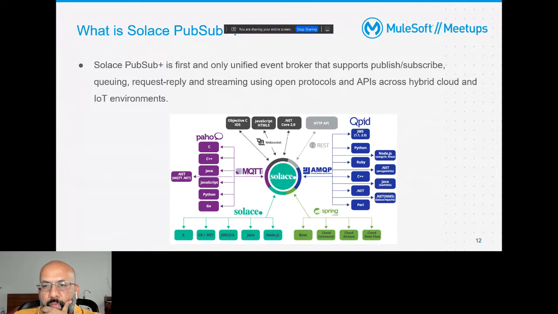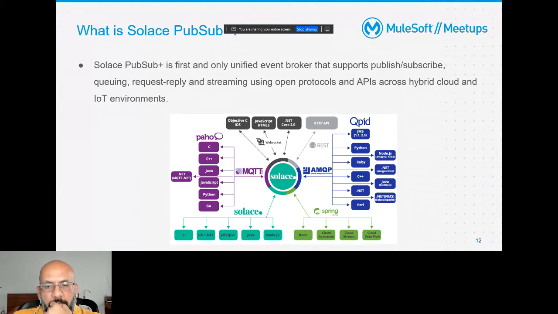We all know what MuleSoft is and what its capabilities are. Giri already covered what PubSub is. So Solace PubSub is the first and only unified event broker that supports publish, subscribe, request, reply, and streaming using different protocols. You can use any protocols like AMQP, and Solace has their own protocol called SMF.